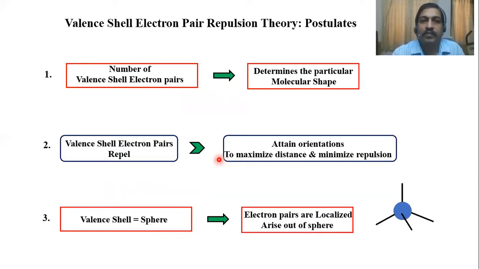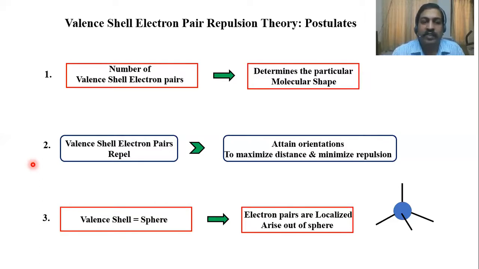So the first postulate: the number of valence electron pairs around the central atom determines the shape of the molecule. Second postulate: valence electron pairs around the central atom will repel one another. To minimize repulsions, they will orient themselves such that the distance between them is maximum and thereby the repulsions are minimized.